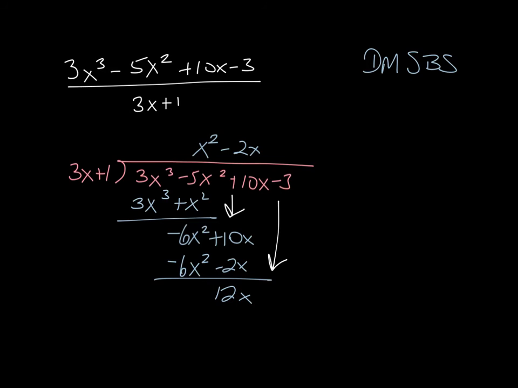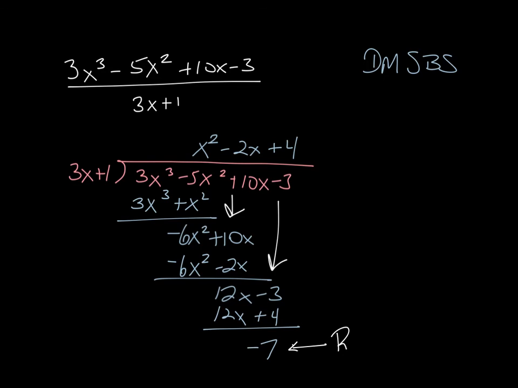We bring down negative 3. Divide again. 12x divided by 3x is 4. Multiply, so we've got 4 times 3x plus 1, which is 12x plus 4. Now notice when we subtract, we have a remainder. We've got negative 3 minus 4, which is negative 7.